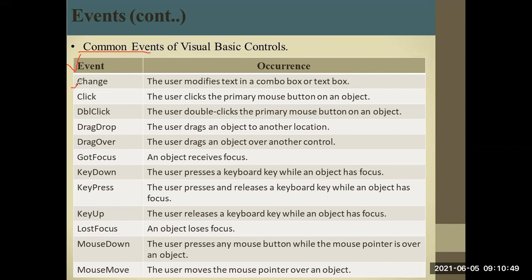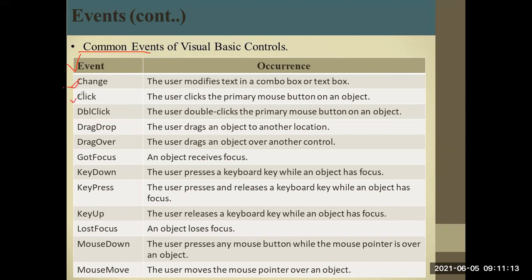The change event means the user can modify the text of a text box or combo box. Whenever the user performs the change event, the user can modify either the text present in the text box or the text present in the combo box.